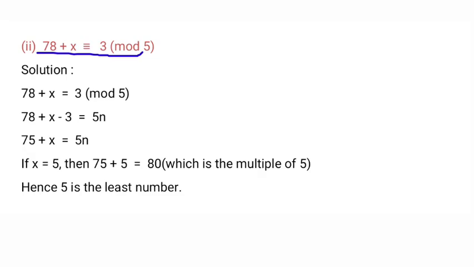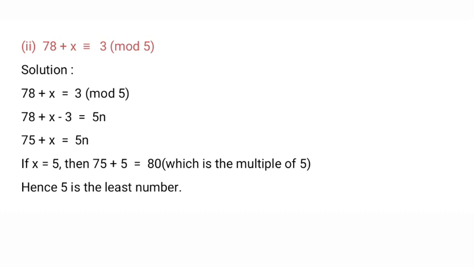Hence 7 is the least number. Second question, 78 plus x is congruent to 3 mod 5. Solution: 78 plus x is a, and b is 3 mod 5. Therefore a minus b equals 5n. So 78 plus x minus 3 equals 5n.